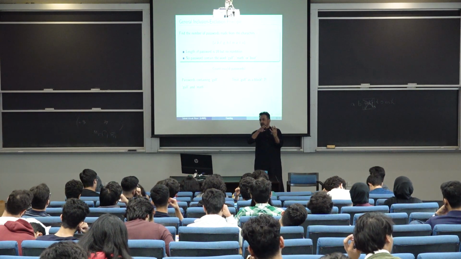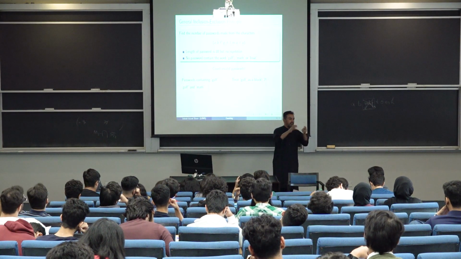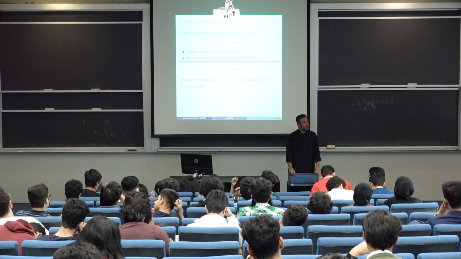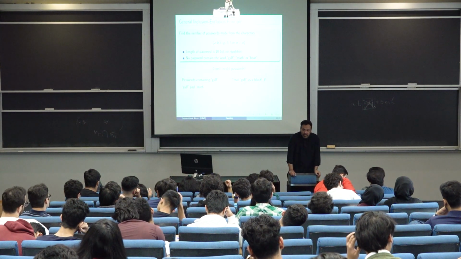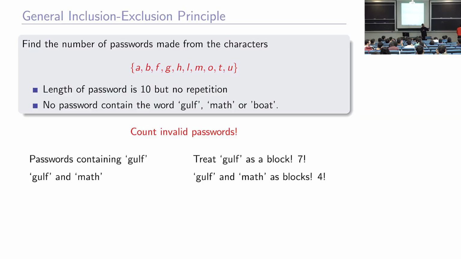O and B, right? So I have X, Y, O and B, 4 characters. Find all possible passwords. These passwords will have X and Y, so they will have the word math and the word gulf. There are 4 factorial of them.